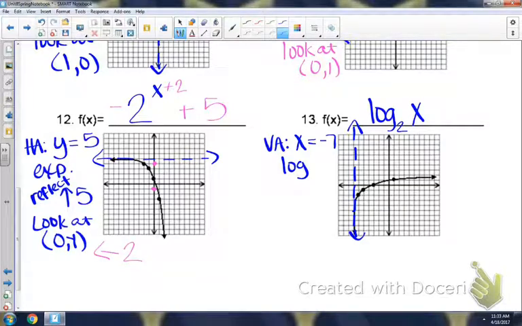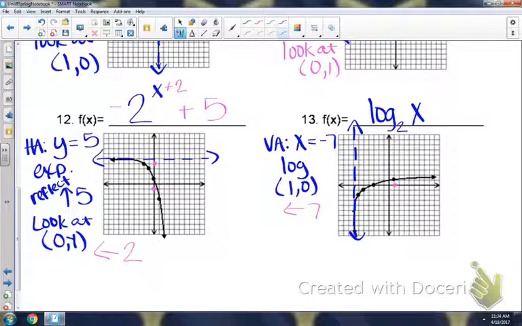Notice from left to right it's increasing, so we know there's no reflection. I'm going to check my 1, 0 point. So plot 1, 0. We know that from our vertical asymptote, it went to the left 7.